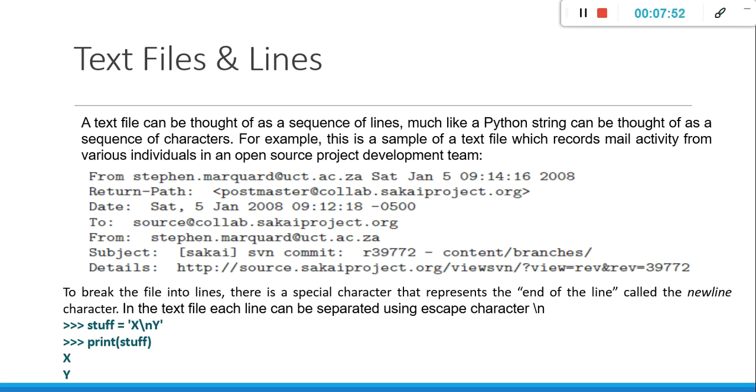So what is a text file? It is a sequence of data where the characters are stored in the form of a sequence of lines. For example, this is one example extracted from one of the project development teams.